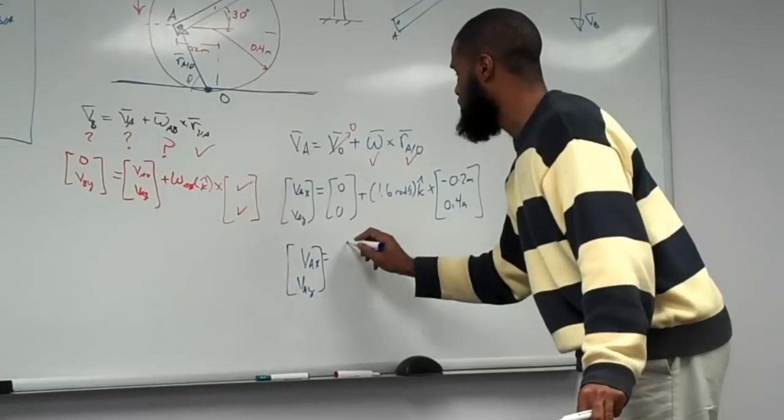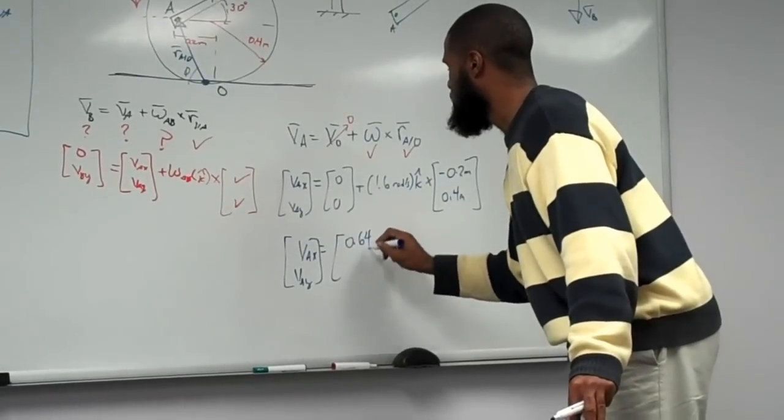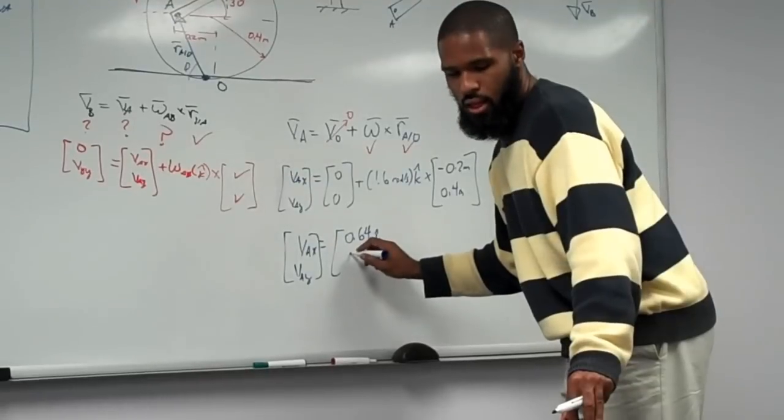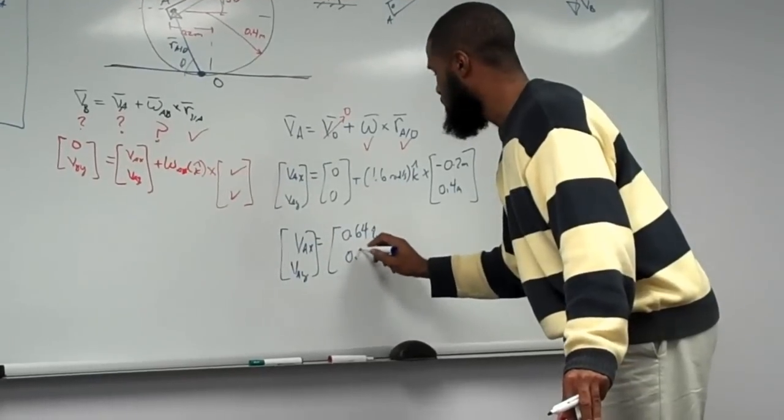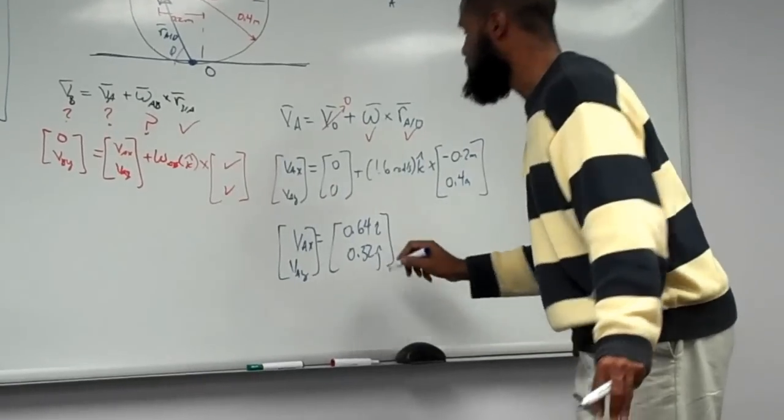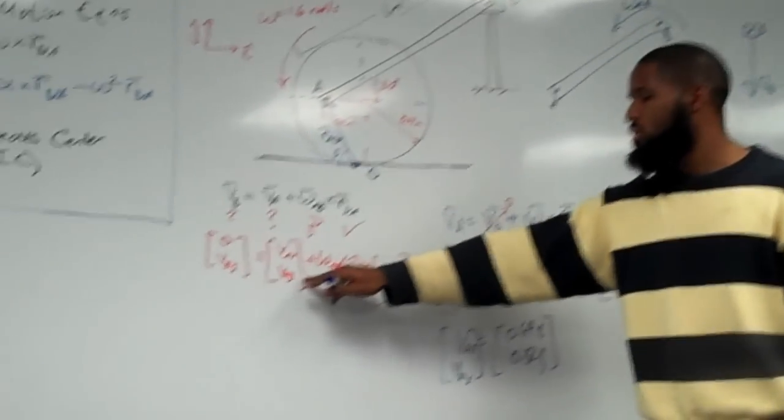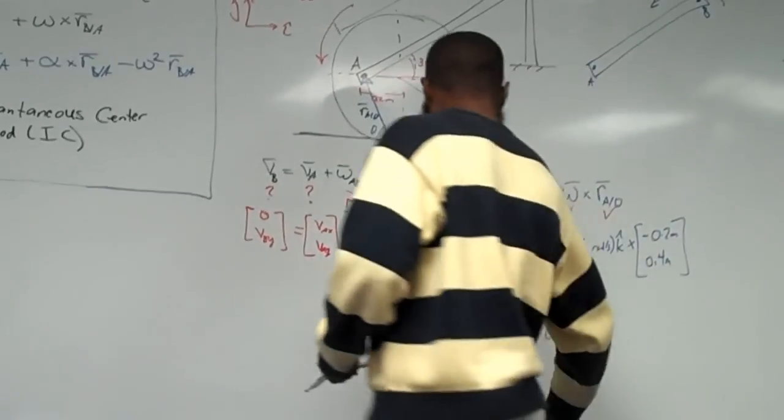is going to equal 0.64 i hat and 0.32 j hat. Okay? So we simply take this solution, throw it into here. Go back a step.